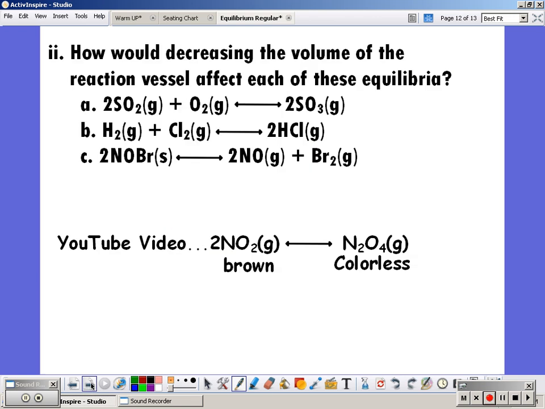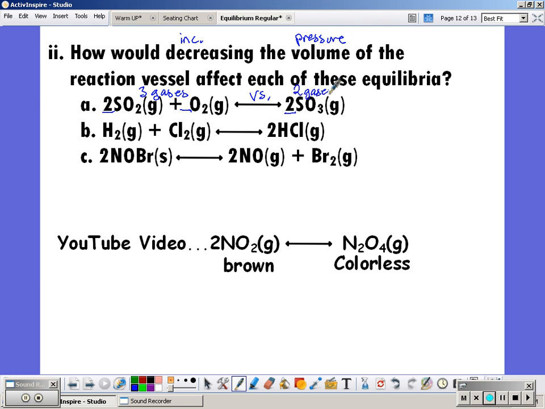How would decreasing the volume? Another way of saying decreasing the volume is to say increasing the pressure. Well, when we talk about pressure and volume, we want to talk about gases. So you're only worried about the ones that have the G next to it. So you add your coefficients together, 2 plus 1. That means I have 3 gases as a reactant versus 2 gases as a product.